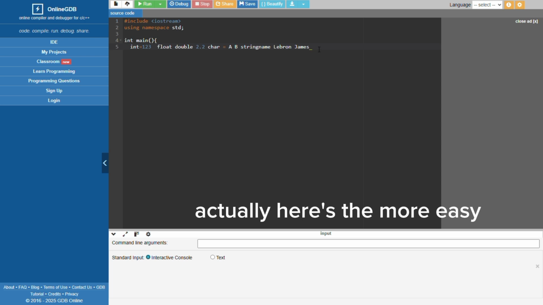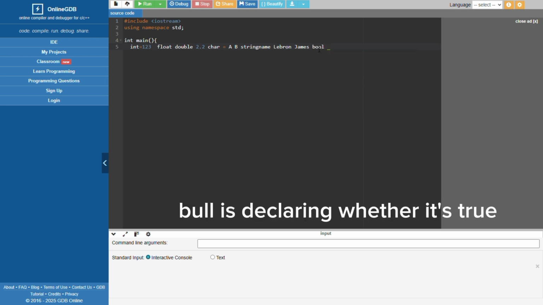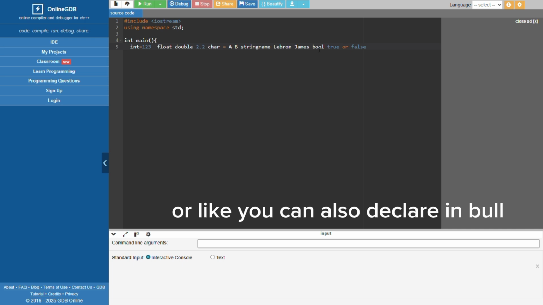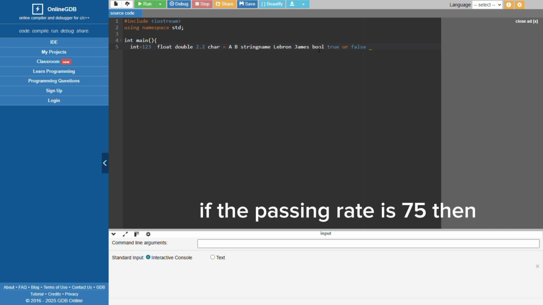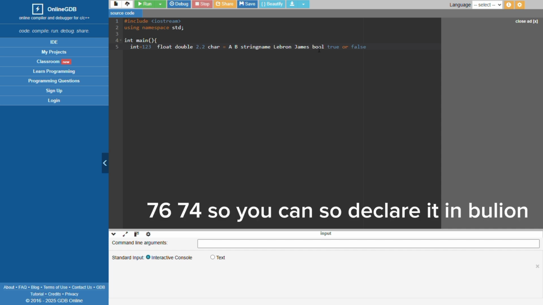Actually, the easier one is the bool or boolean. Bool declares whether it's true or false. Like you can also declare in bool if the passing rate is 75, then the drop grade is 76, 74.